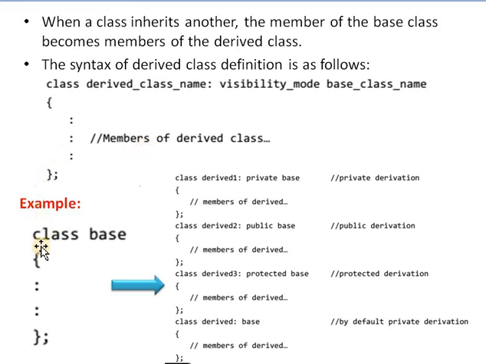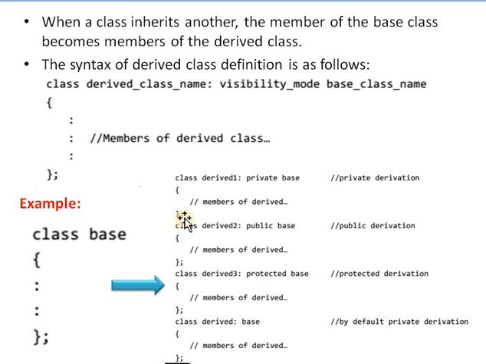For example, here is a base class named base. How to define a derived class? Class, then the derived class name. For example, here I gave the name derived1. Then after that there is a colon. Then next the visibility mode, that means access specifier. Here private derivation is shown. By using the private keyword I derived the class, then the base class name, and then the members of the derived class.